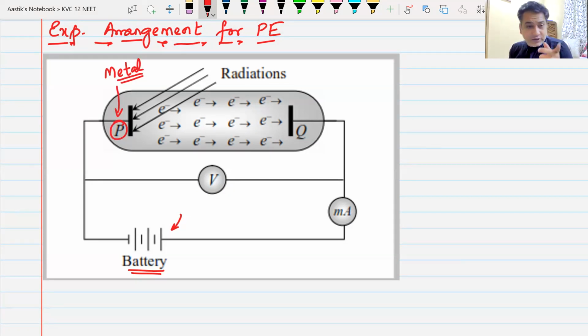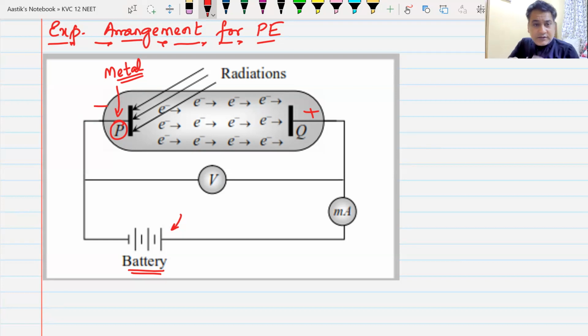Now this is normally kept negative with respect to this one. So this point is positive and this point is negative. Do you understand this, looking at the connections of the battery?